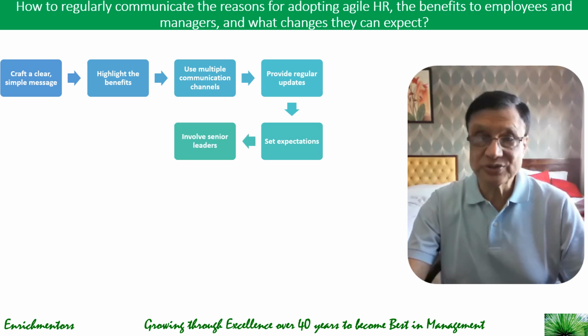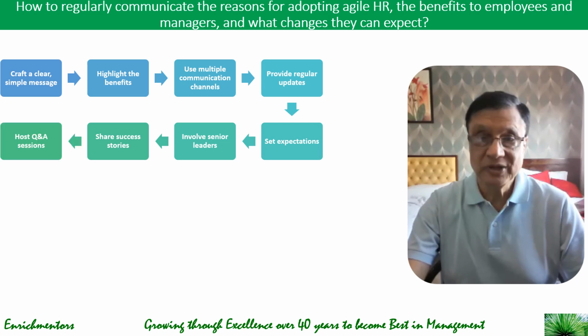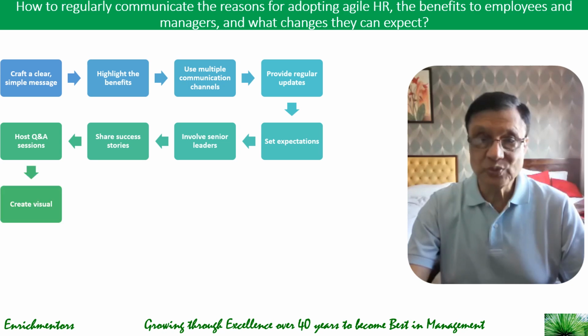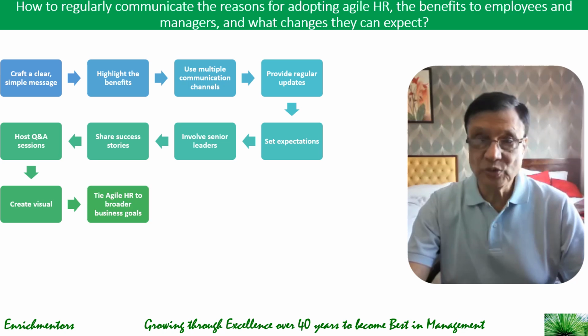Involve your senior leaders to act as advocates for Agile HR. Share success stories from early adopters to build momentum. Host Q&A sessions to address concerns and answer questions. Create visual resources like infographics to explain changes. Tie Agile HR to broader business goals and strategy.